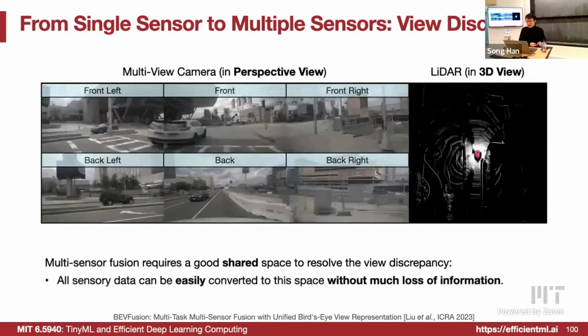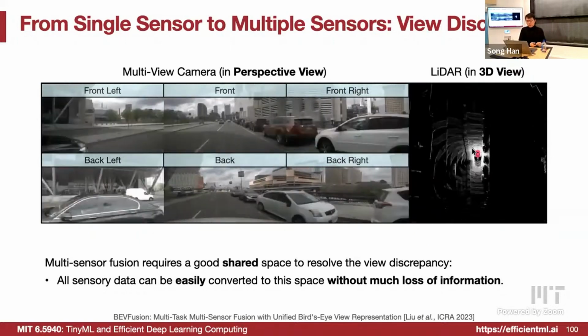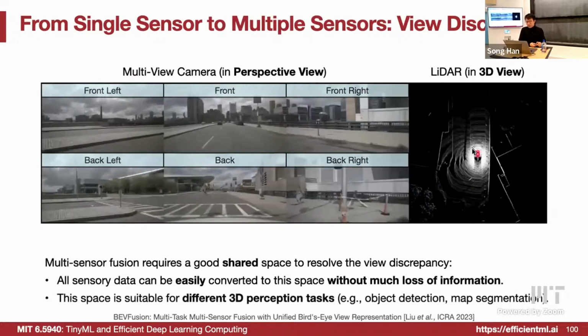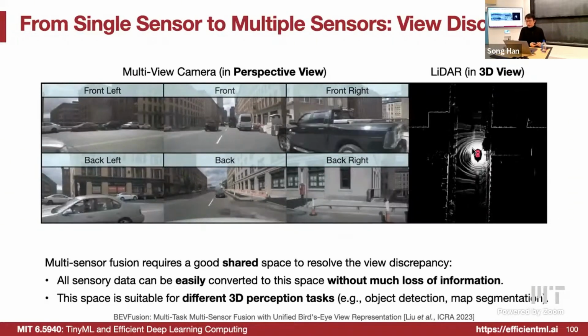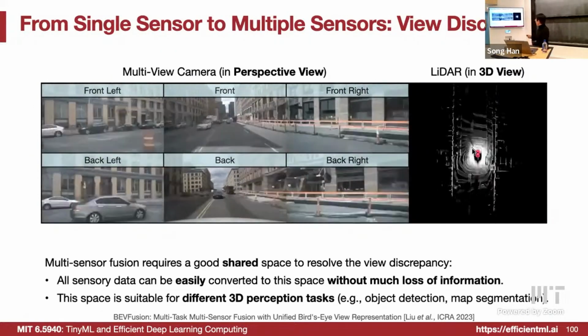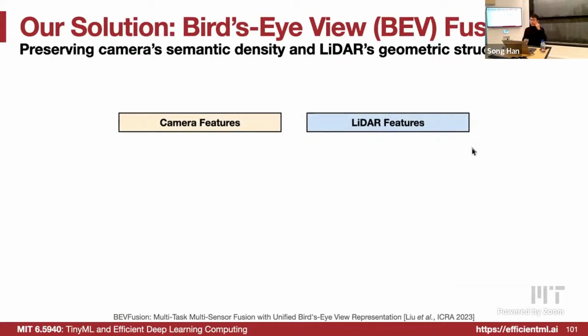So what is that shared space? It needs to be easily converted for multiple modalities without much loss of information. And it also should be suitable for different 3D perception tasks like object detection and also map segmentation. Our solution is using the bird's eye view to fuse them.